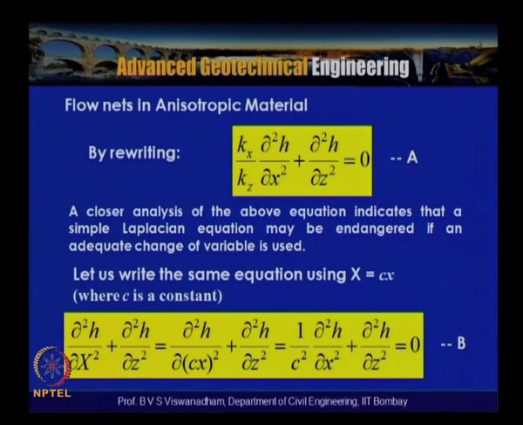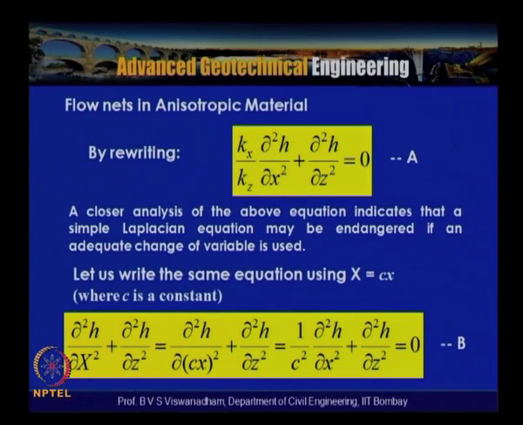By dividing through by Kz, we can write equation A: Kx by Kz ∂²h/∂x² plus ∂²h/∂z² is equal to 0. A closer analysis of this equation indicates that a simple Laplace equation may be obtained if a suitable change of variable is used.